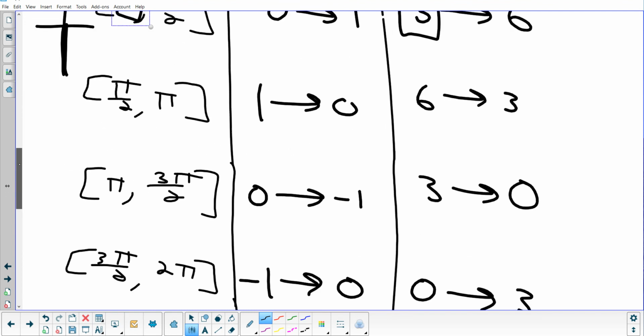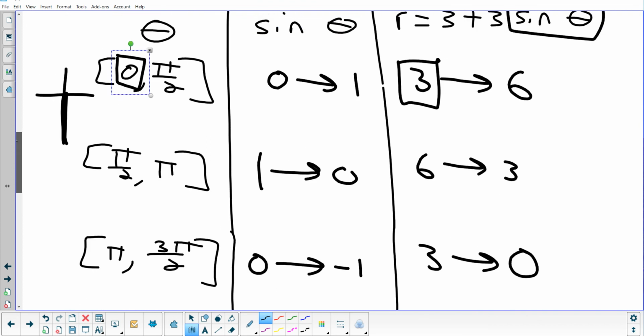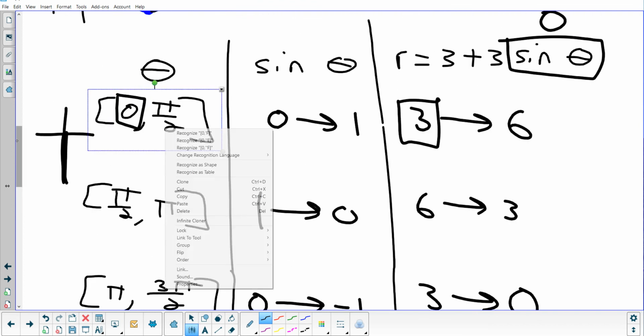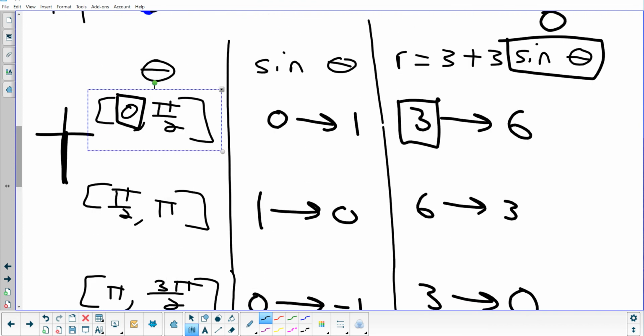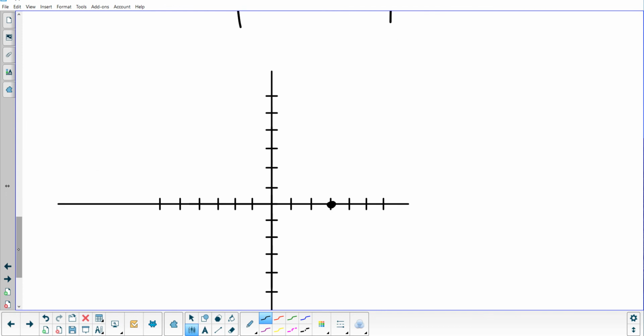Now, at the end of quadrant 1, theta is pi over 2, and that gives me a radius of 6. So graph the point 6, pi over 2. Where's that? 6, pi over 2.